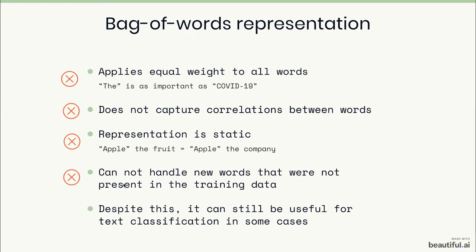And lastly, this representation cannot handle new words that were not present in the training data. Since we only assigned representations to all words that appeared in our training data, which were just these two sentences in our toy example, if we come across a new word, we would have no idea what to do with it.